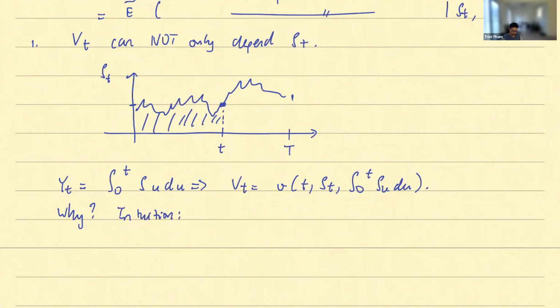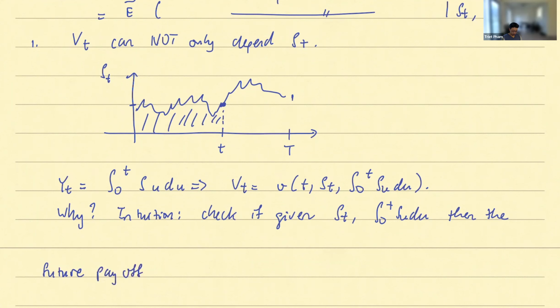Try to check: if you're given this much information, like this and this, then the future payoff can be completely determined.